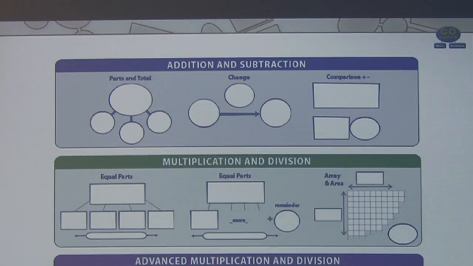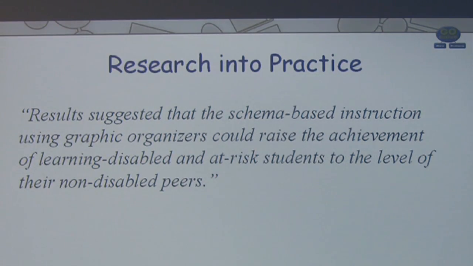Asha Jitendra, who's quoted in the research paper, works out of Lehigh University and has done a large-scale study. What they found is 2 conclusions. Number 1, first of all, results suggested that schema-based instruction using graphic organizers could raise the achievement of learning disabled and at-risk students to the level of their non-disabled peers.